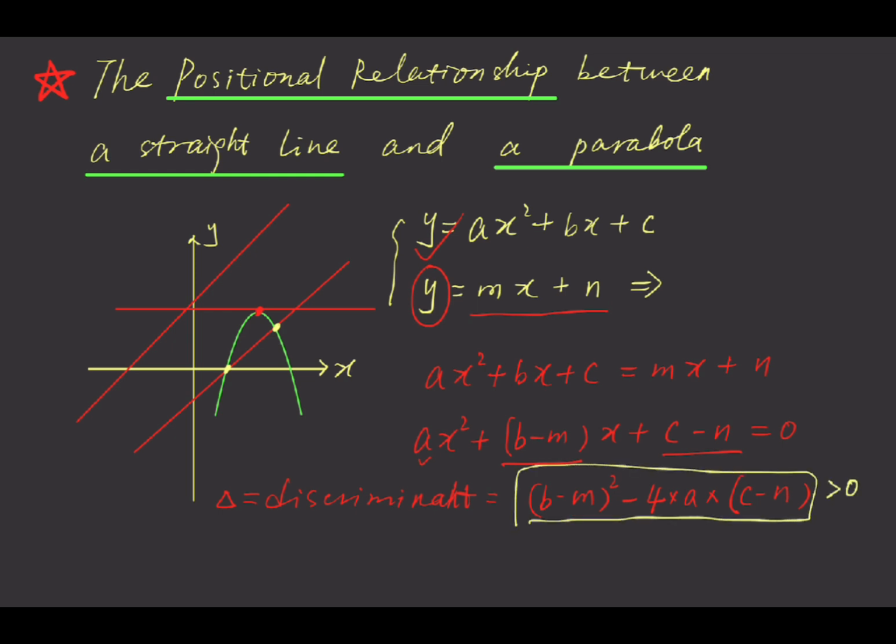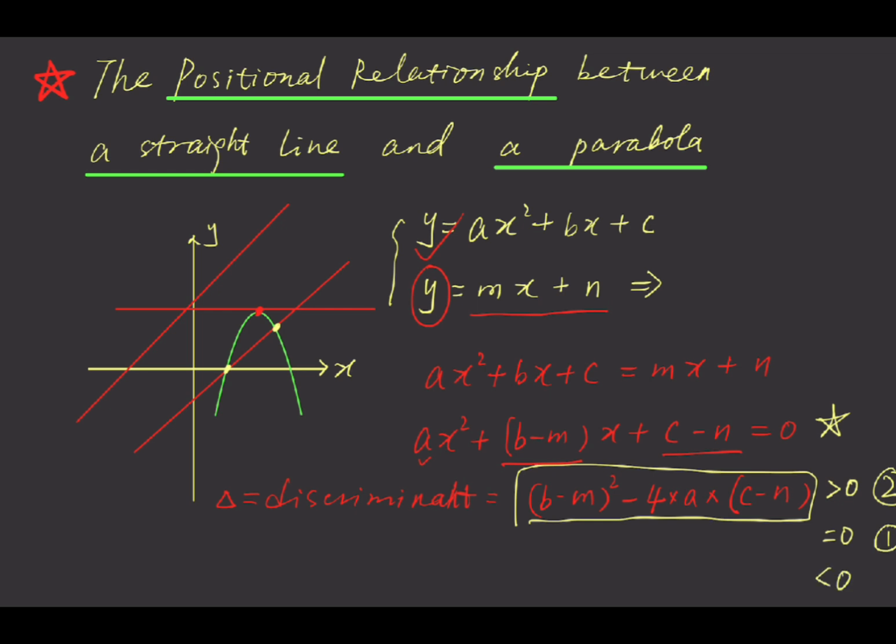If the result of this expression is greater than 0, from the knowledge we have studied from the quadratic equation, we can figure out this equation should have two different roots. If this discriminant equals 0, this equation should have only one root.